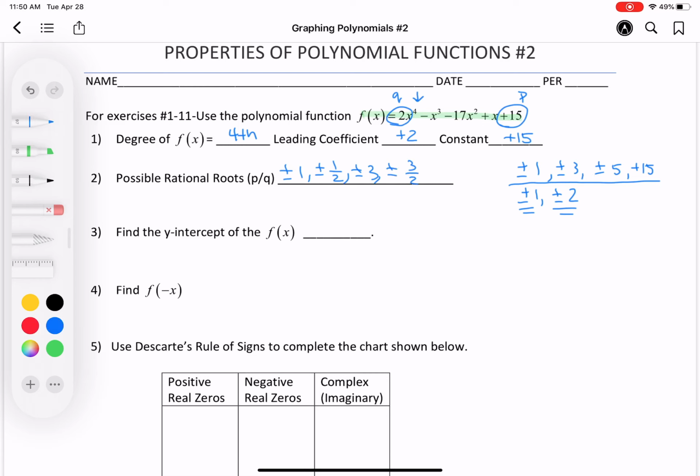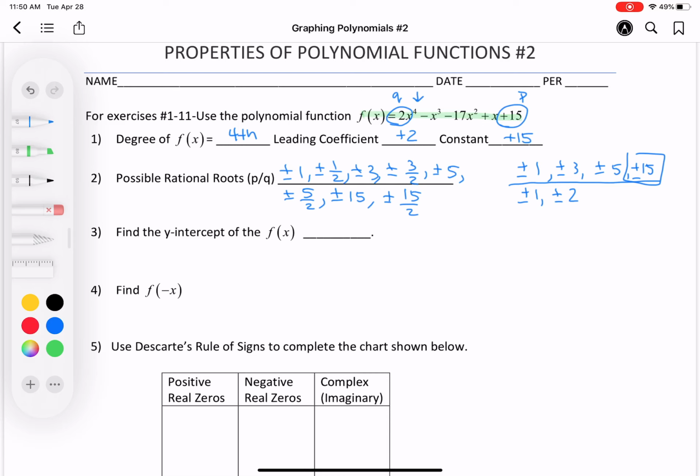Okay, let's move on to the next one. 5 divided by 1. Okay, 5 divided by 2. And lastly, we're going to go to the next one, which is positive 15 divided by 1. Positive 15, or plus or minus 15 divided by 2. Okay, so those are all the possible rational roots.